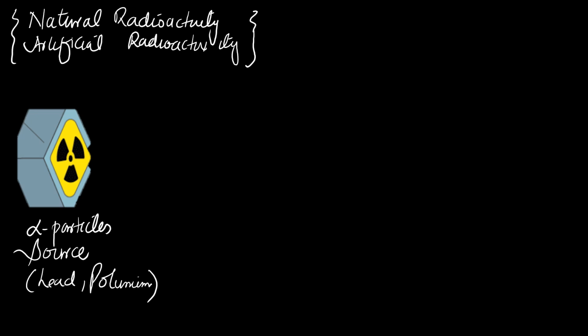Alpha particles are helium nuclei, He with mass 4. The nuclei have lost 2 electrons, so there will be a plus 2 charge on them.